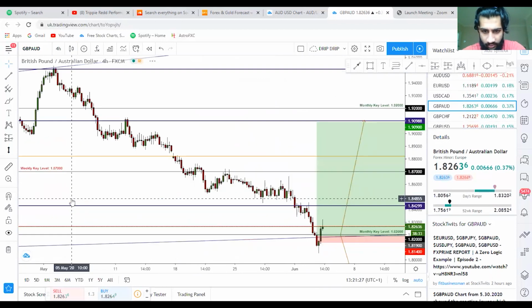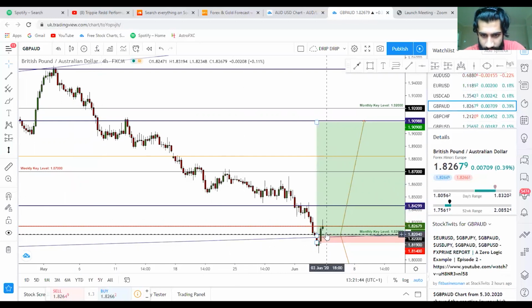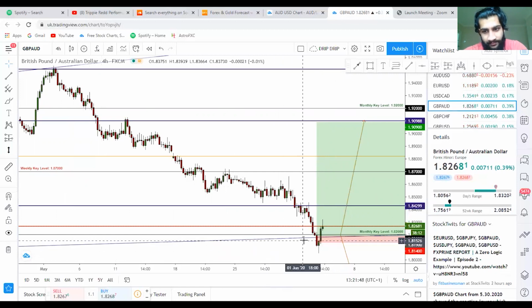Let's go further in. What I'm seeing is potentially a morning star formation over here. I could re-enter it.